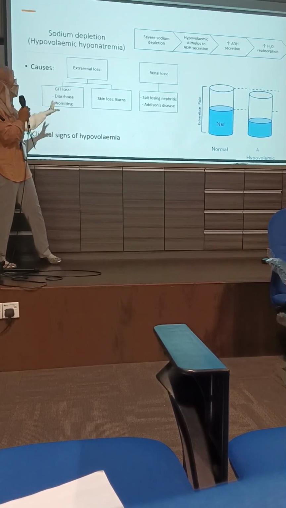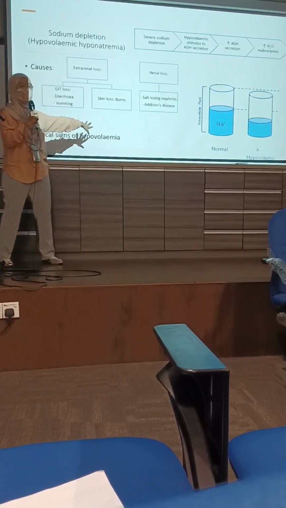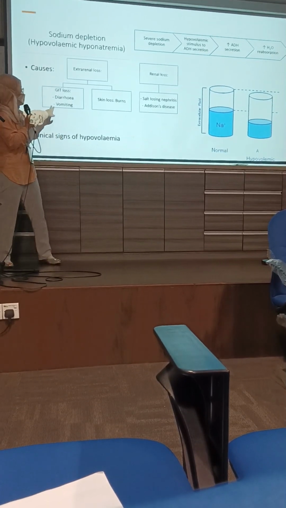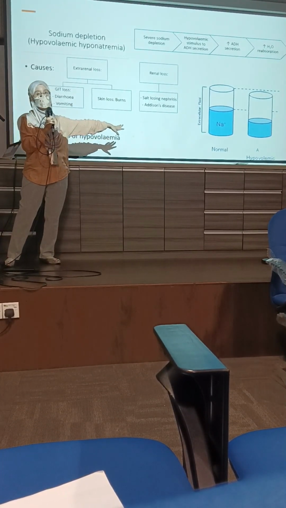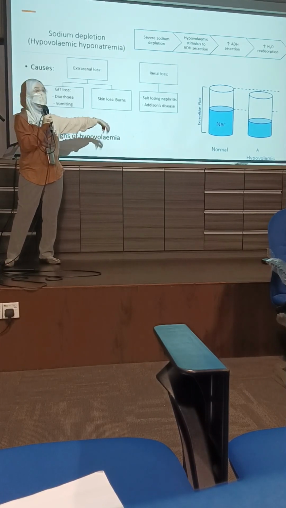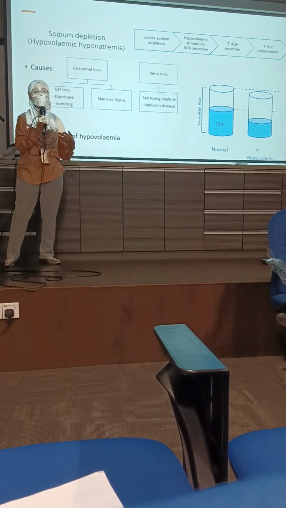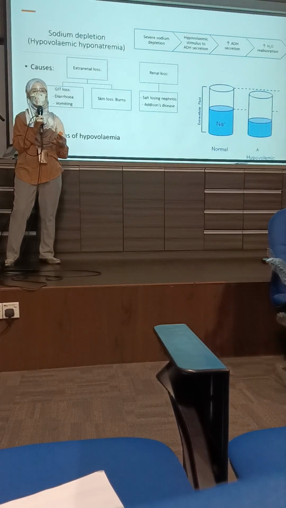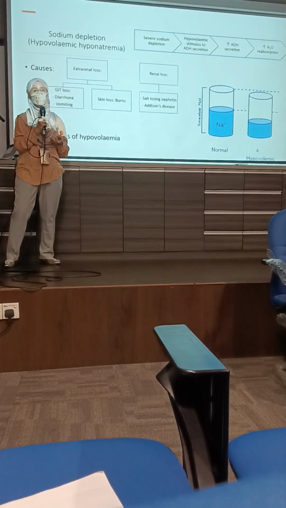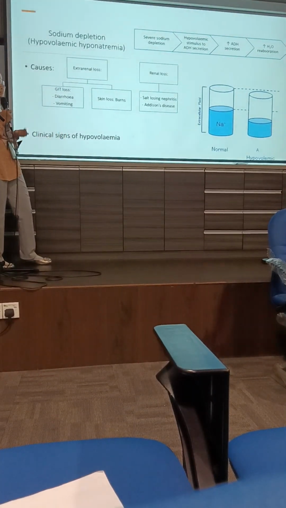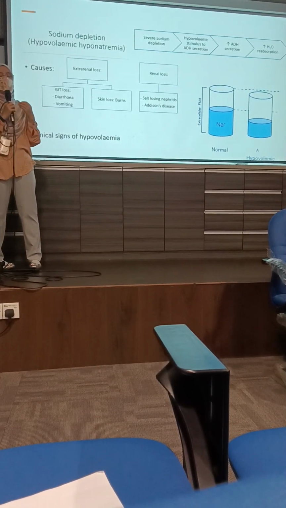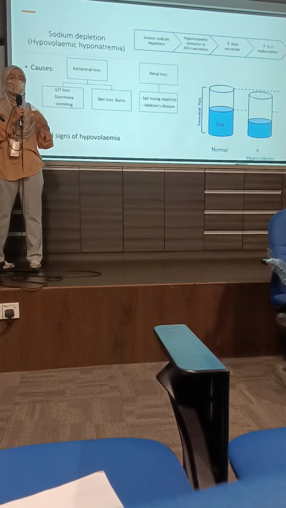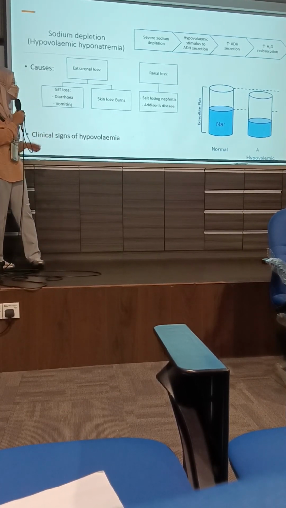Causes include renal or extrarenal loss of sodium, for example GIT, skin from burns, salt losing nephritis, or Addison's disease. Addison's is a mineralocorticoid deficiency, because of lack of aldosterone. Then you have the clinical signs of hypovolemia, like the tachycardia and dehydration mentioned earlier.